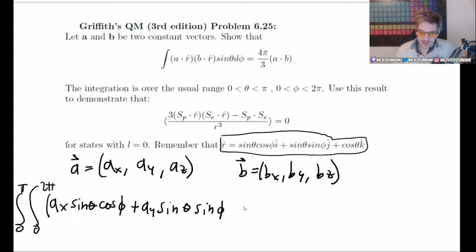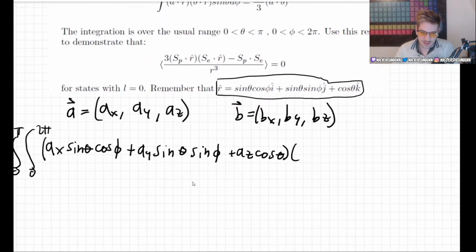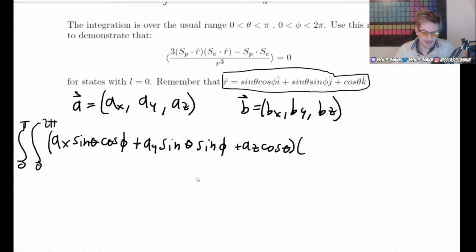And then we get a_z times the z part of the r hat vector, which is simply cosine of theta. And then we get b dot r hat, which is going to be exactly the same thing, except that instead of having a_x and a_y and a_z, we have b_x, b_y, b_z. So we get b_x sine of theta cosine of phi plus b_y.